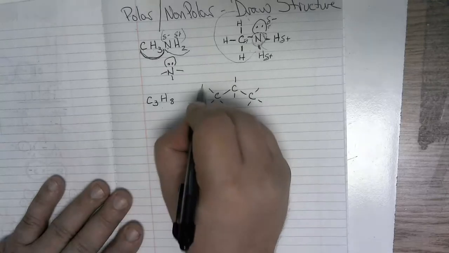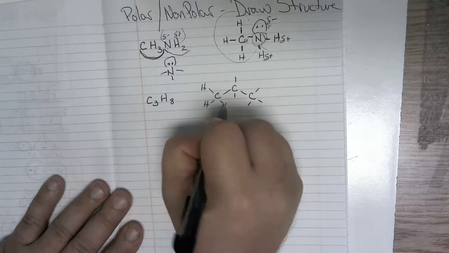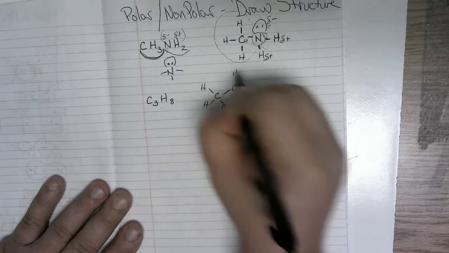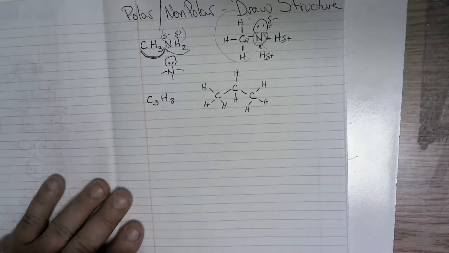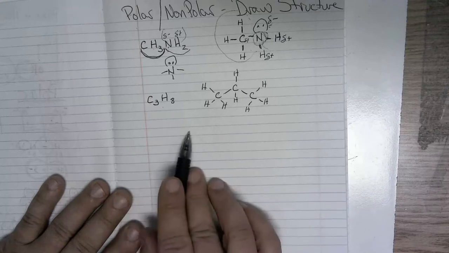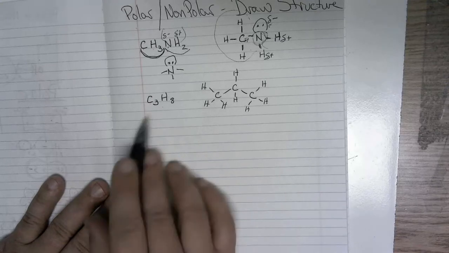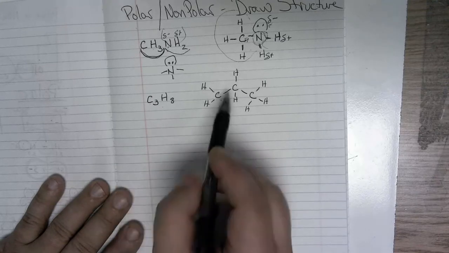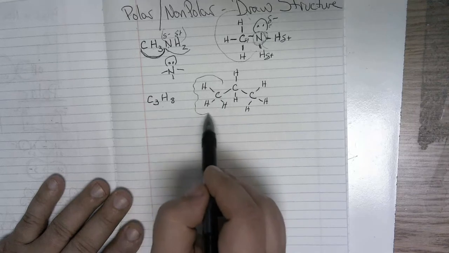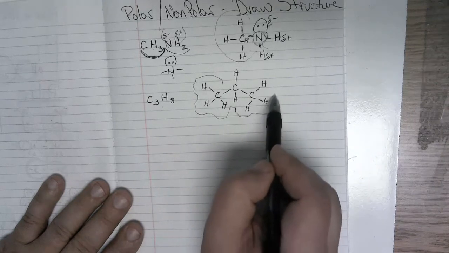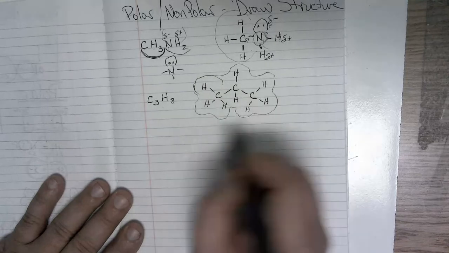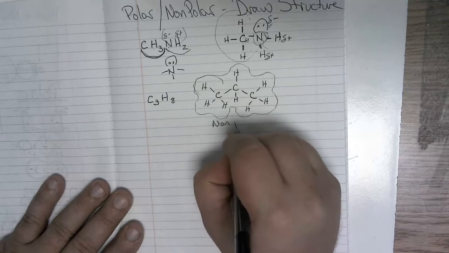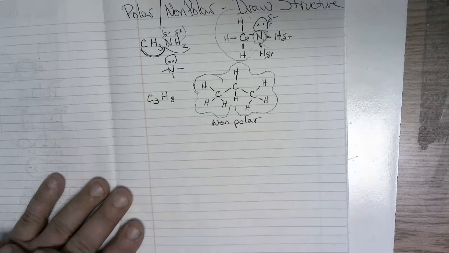And so I get H's, there should be 8 of them, attached all the way around like that. Now, do I see an N, an O, or an F? No, I don't. So all of the electrons in the electron clouds that make up this connected molecule are even, and this is nonpolar. There's no partial charges.